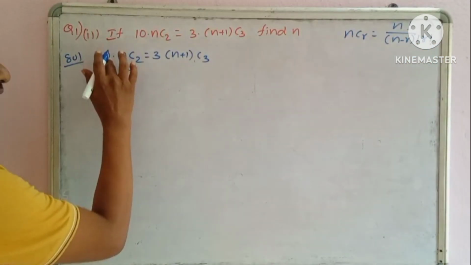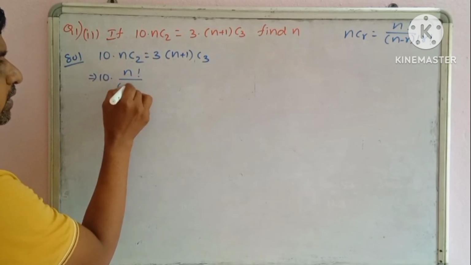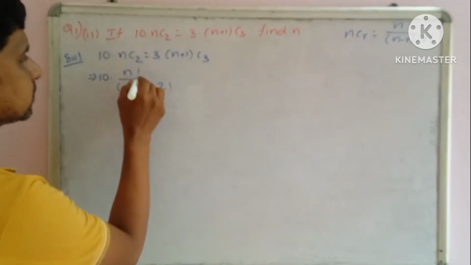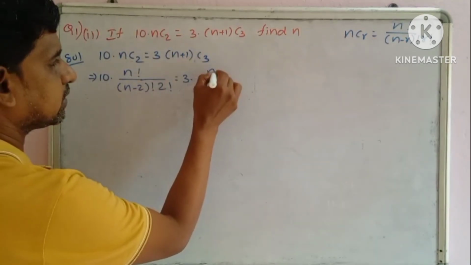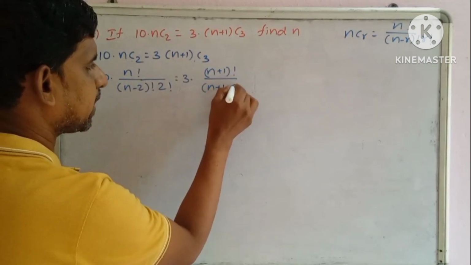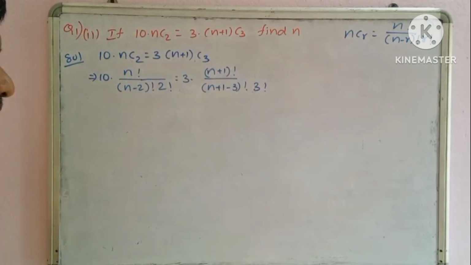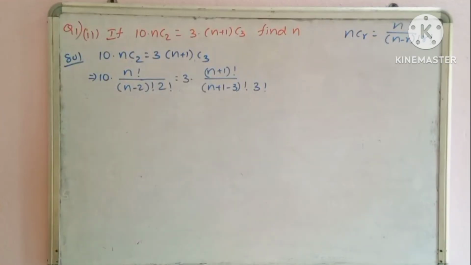So 10 times nC2 means n factorial by (n minus 2) factorial into 2 factorial, equals 3 into (n plus 1) factorial by (n plus 1 minus 3) factorial into 3 factorial.